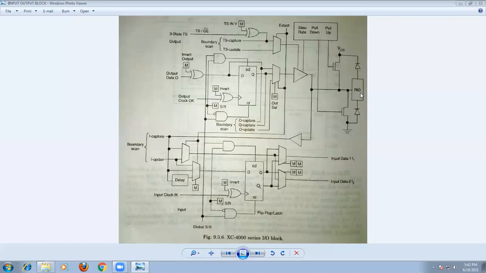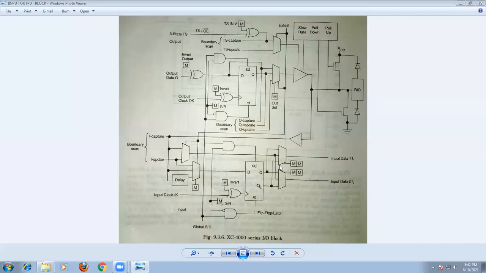Just remember, the input and output values can also be stored in the IOB. Whatever the input and output values are, they are stored in the flip-flops.